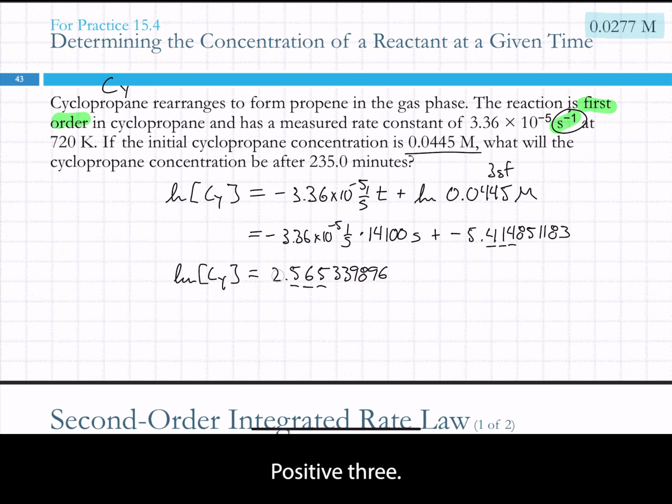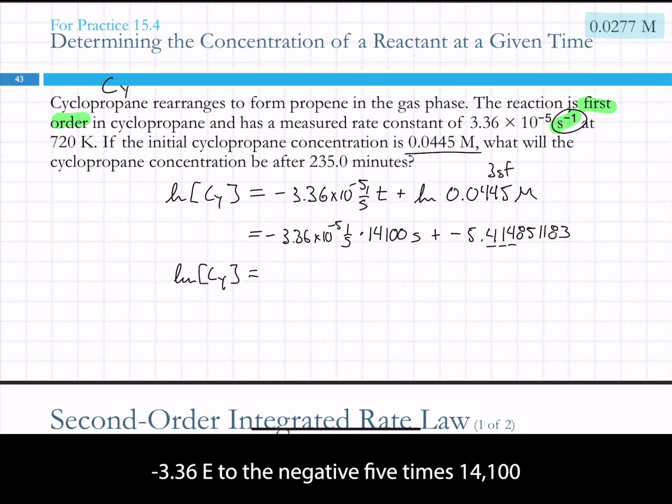How did this end up positive? Negative 3.36 e to the negative 5 times 14,100 plus a negative 5.414851183. Oh, maybe I just had the sign wrong.